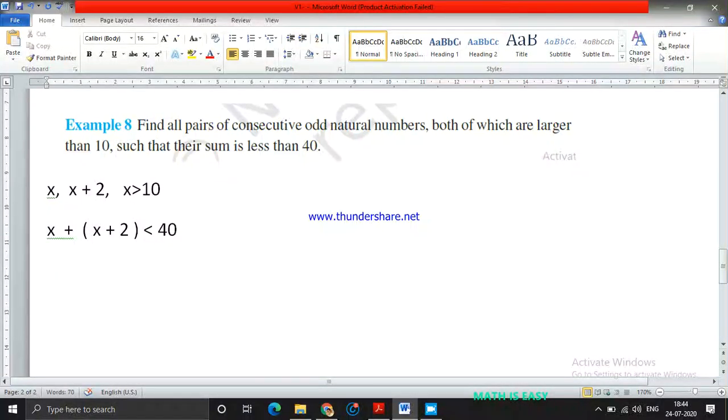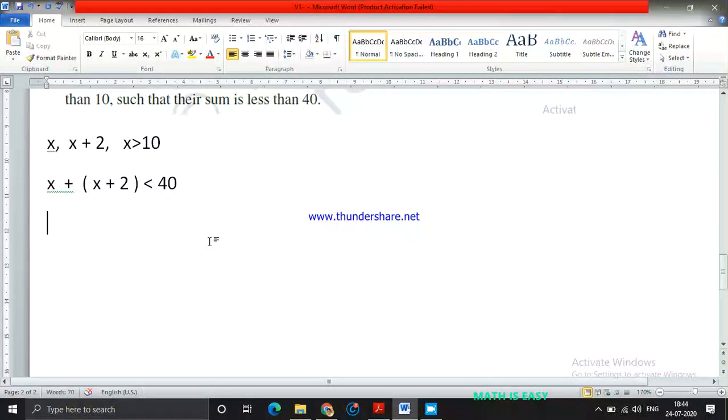That's the given condition. If I solve this, you will get 2x is less than 38. Then you will have x is less than 19.